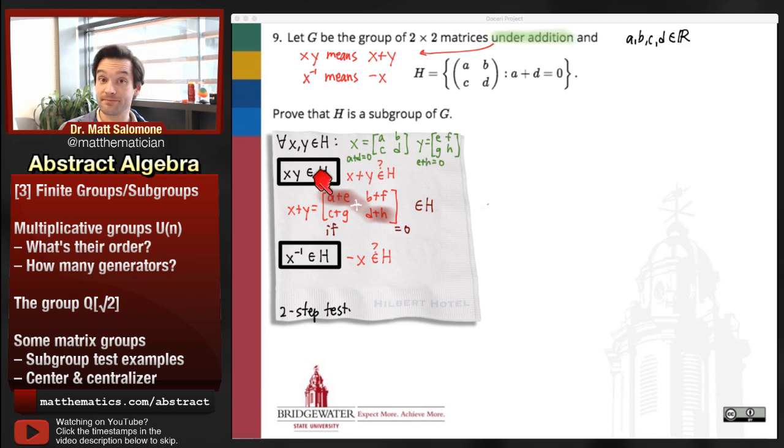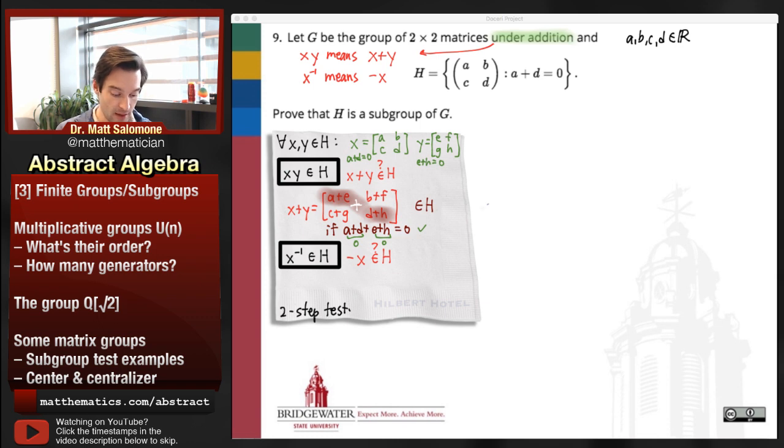Well, if I add together A plus E with D plus H, I'm going to get A plus D plus E plus H. But by our assumptions about x and y, A plus D was 0, E plus H was 0, and so in fact we do get 0 plus 0 equal to 0. So that's my little napkin version of verifying that indeed when I combine x and y together with the operation of my group, xy belongs to H. That's 1/2 of my subgroup test.